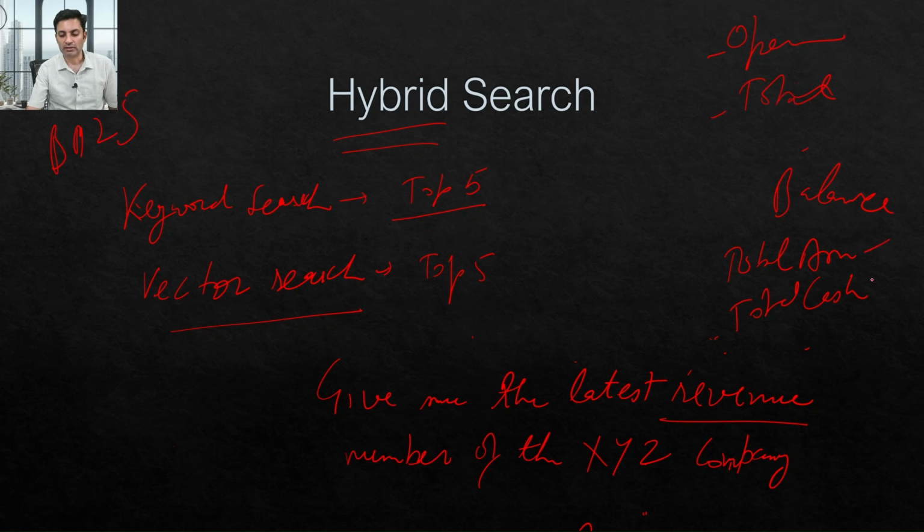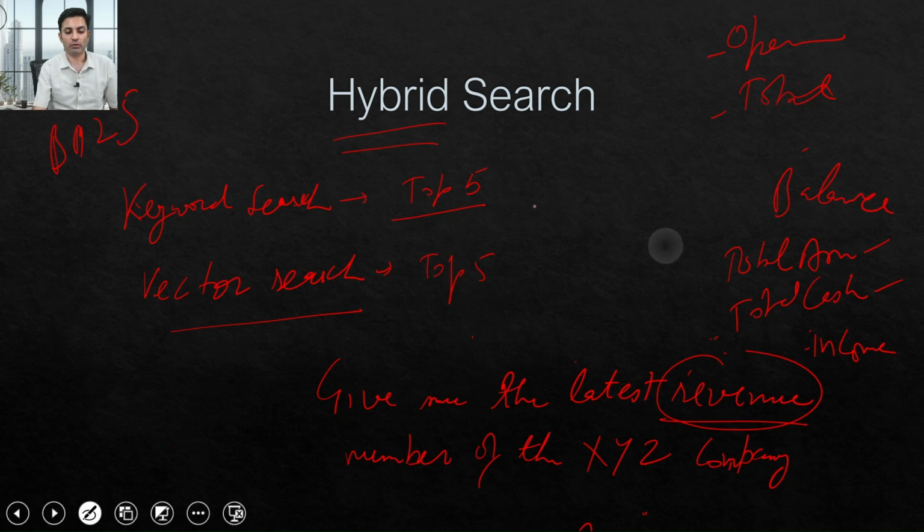So whether assets, cash, or income is written, it'll find these terms or words matching semantically with the question the user has asked, and it will pull this record. Now we got a total of 10 records, 5 from the keyword search and 5 from the vector search.